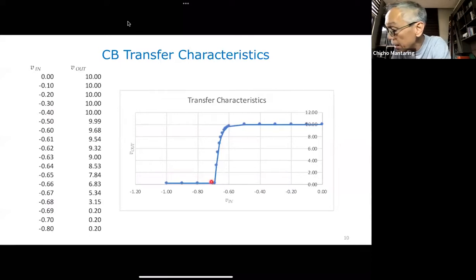So this is saturated. Here, this is cut off. And then this is your active.